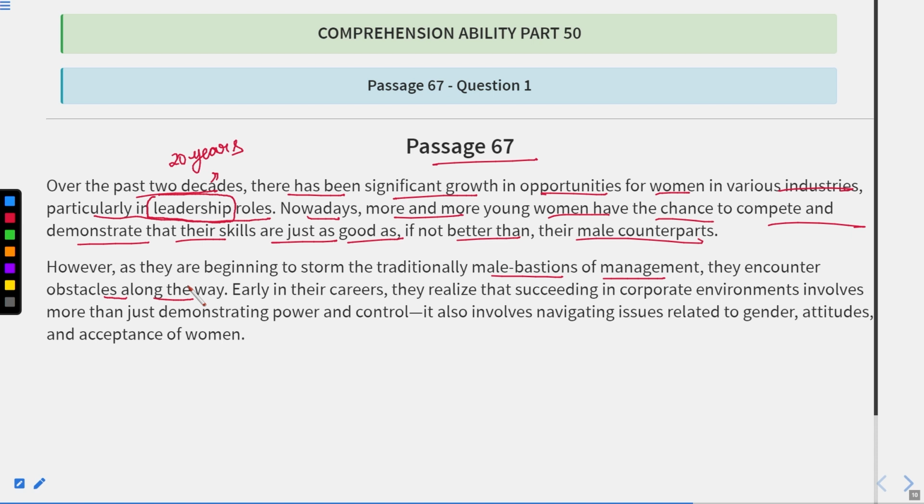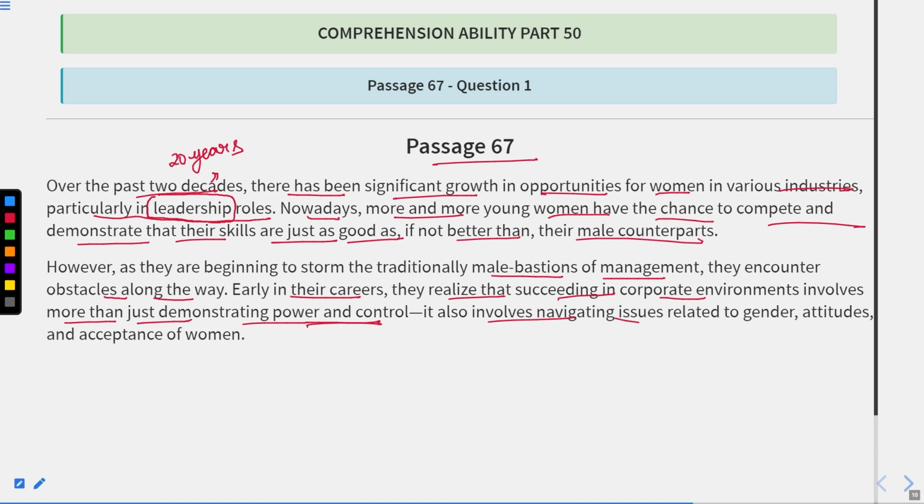They face many obstacles. Early in their careers, they realize that succeeding in corporate environments involves more than just demonstrating power and control. Only demonstration will not be efficient, so they have to demonstrate power and control as well.